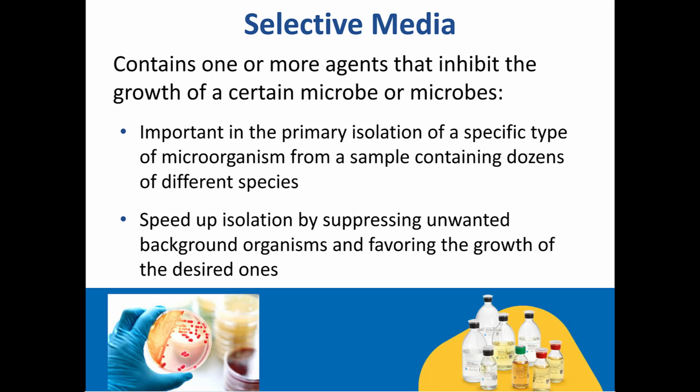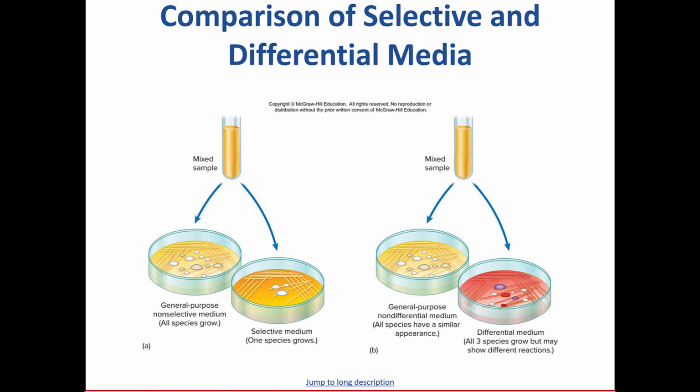And what you can do is you speed up the isolation by suppressing the unwanted background organisms, favoring the growth of the desired ones. And there's several strategies about this, but I just wanted to kind of drive home: we can use the selective nature of the media, and you can see the general purpose versus the selective in this diagram, and you can see that there's fewer organisms on the selective because we've gotten rid of the others on this plate.